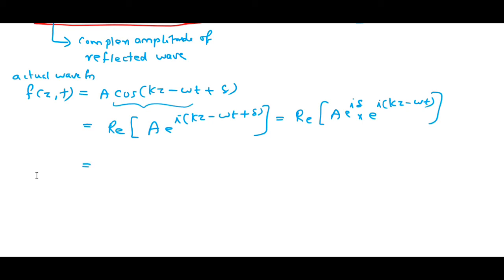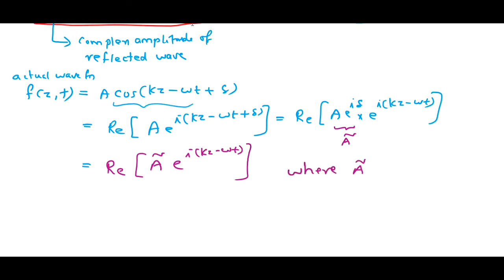That is equal to, here A e^(i delta), this term is nothing but the complex amplitude. That is, real part of A complex amplitude times e^(i(kz minus omega t)). Here the complex amplitude A can be written with e^(i delta). Again, I rewrite here: A complex is equal to A e^(i delta). For the incident amplitude, I can write in this way: AI e^(i delta I).